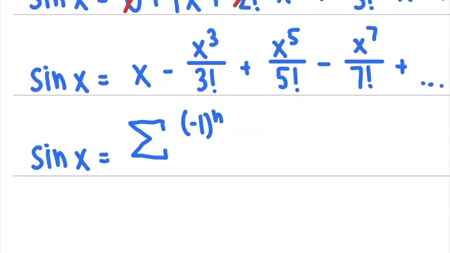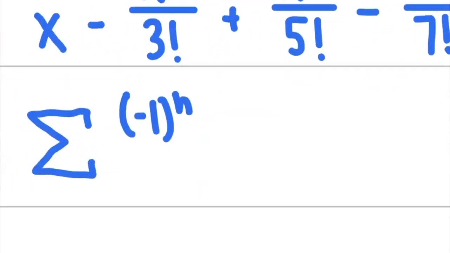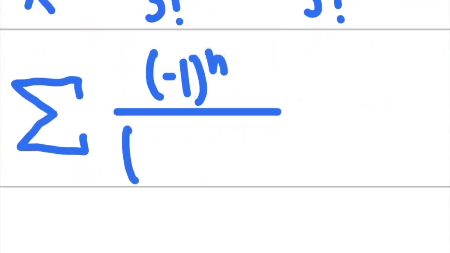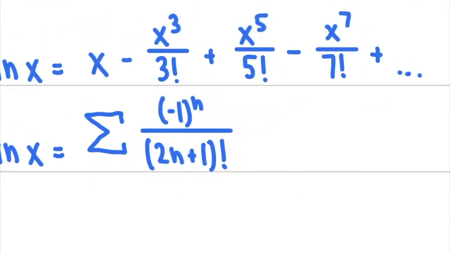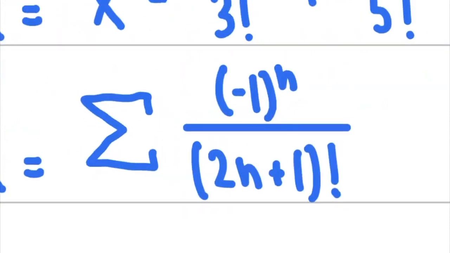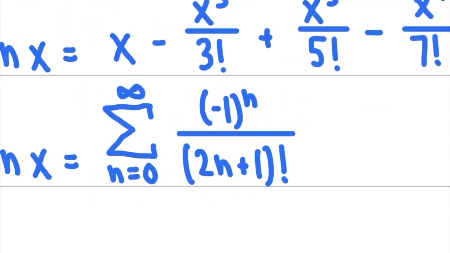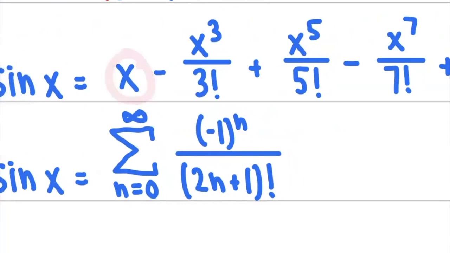But these are odd positive number factorials, and odd numbers can be described by 2n plus 1. So I'm going to have -1 to the power of n over 2n plus 1 factorial. Let me write down that we're doing the sum as n goes from 0 to infinity. When n is 0, you get 1 factorial, which is consistent with the first term, because it's x over 1 factorial.